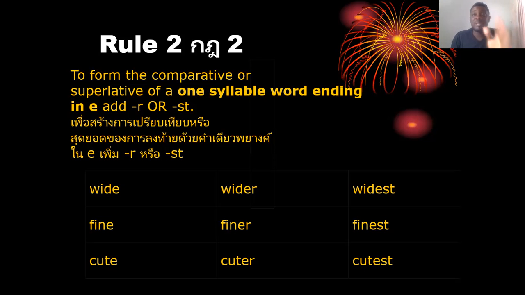The e is there, it ends with e already, so you just add r, you don't need to add er.